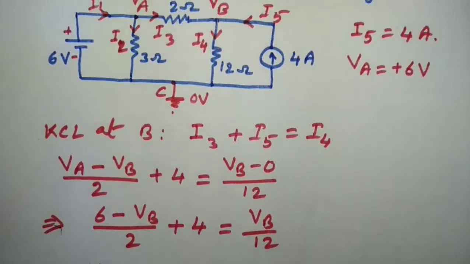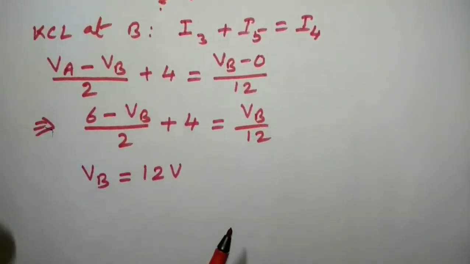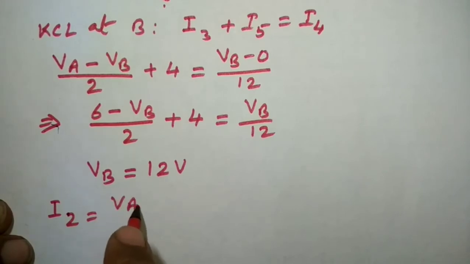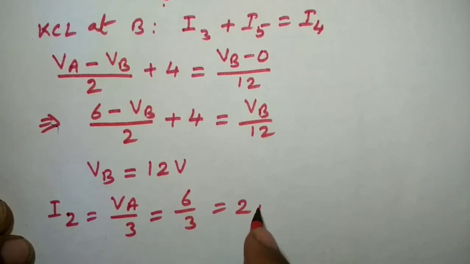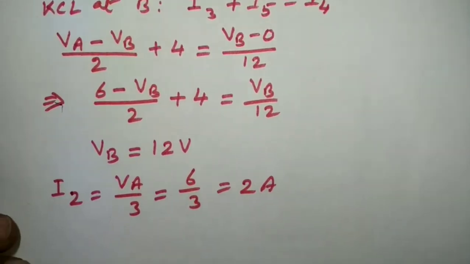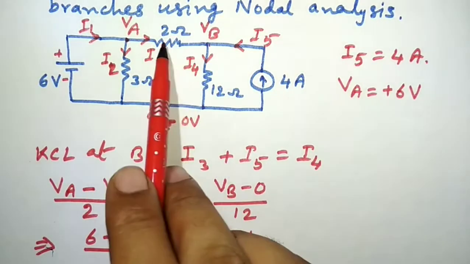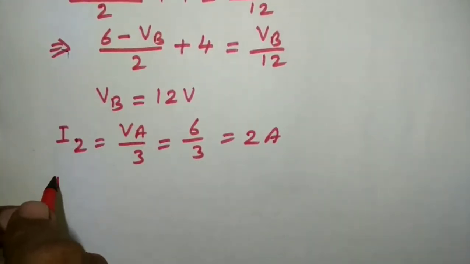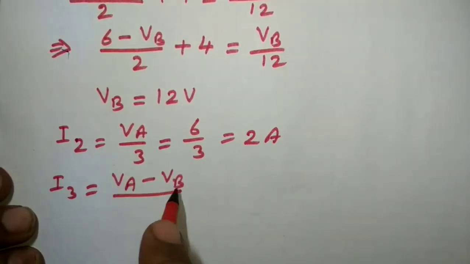That is the current in 3 ohm resistance I2. So the value of I2 can be written as VA upon 3. So it is 6 upon 3, 2 ampere. The value of I3 is from A to B through 2 ohm resistance. So I3 is equal to VA minus VB upon 2.